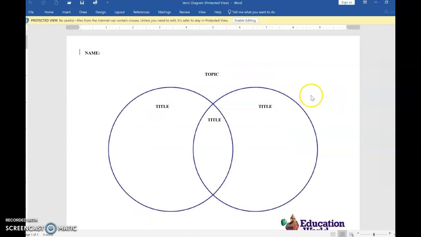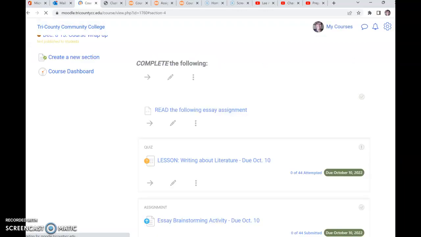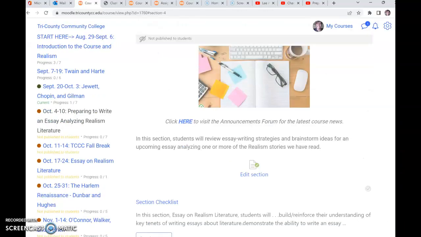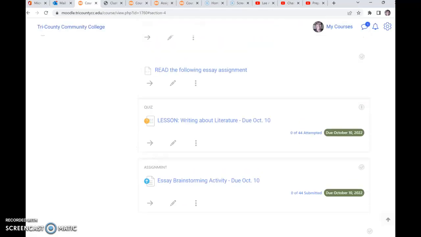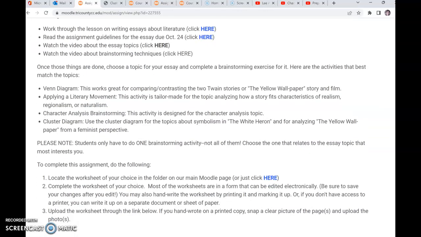Okay, so let me go back to the assignment. Now many of those worksheets come up in a form that you can edit.